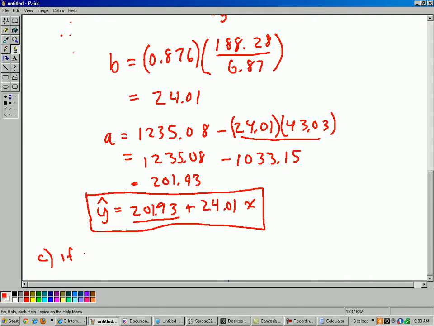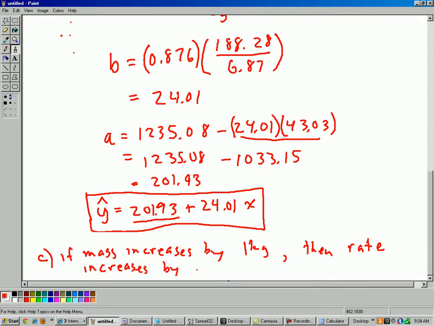if the mass increases by 1 kilogram, then the rate, the metabolic rate, but I'll just say rate, increases by about 24 calories per day.